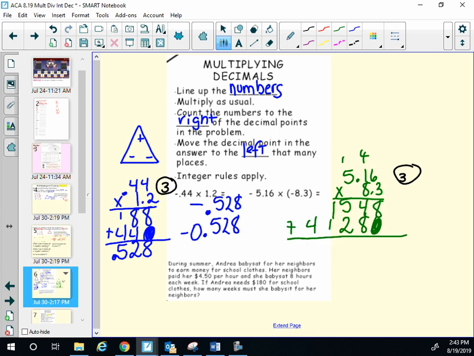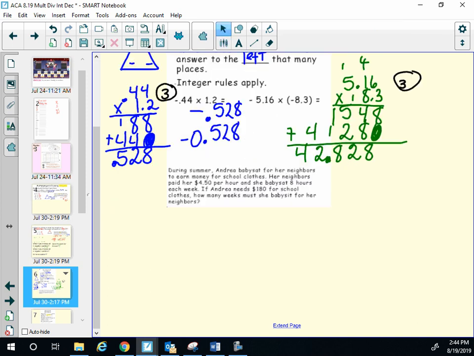Let's just add these together. 8 plus 0 is 8. 4 plus 8, so I'm going to carry a 1. 1 plus 5 plus 2, 8. 1 plus 1, 2, and 4. Am I done? No. What's still missing? The decimal. We said how many places? 3. So I start at the back. 1, 2, 3. And it's positive. So my answer is a positive 0.828.